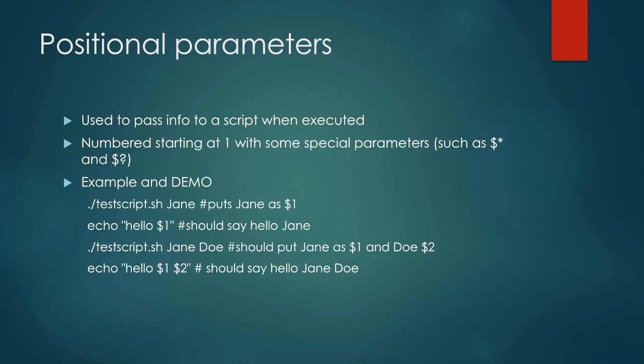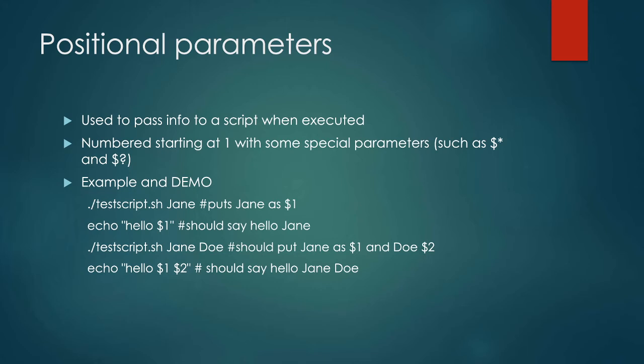In the example on the screen, if I have a script called testscript.sh, to run this script, I would say ./testscript.sh, assuming it's in the same folder as me. Now, if I wanted this to say hello to whoever it is, I would have to do a what is your name, read name, echo name.